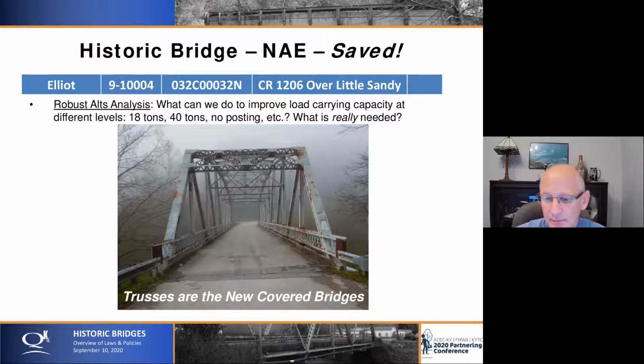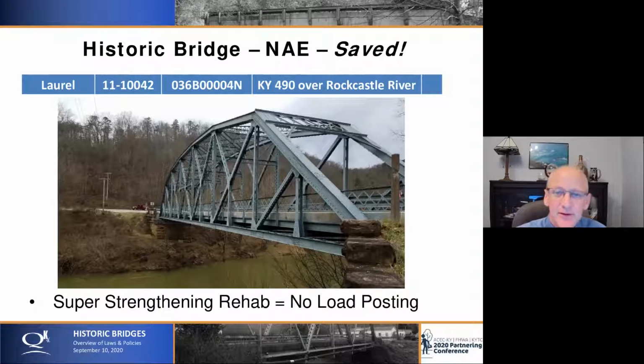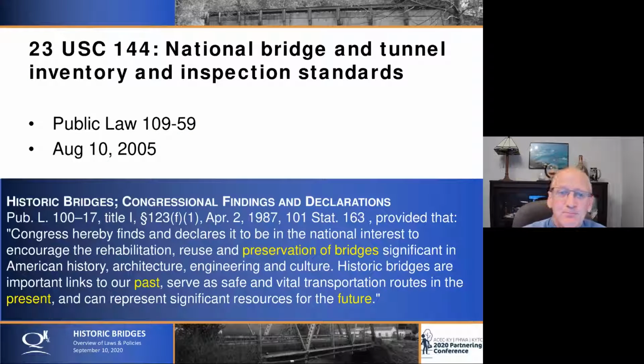So it's a good win on that one. Same down here in Laurel County. This bridge was currently posted at 19 tons, and through a super strengthening rehab project of replacing several of the members of the truss, especially underneath in various places, we're going to get it to no posting, and it can carry whatever rating or whatever traffic across. So that was a great success story too.